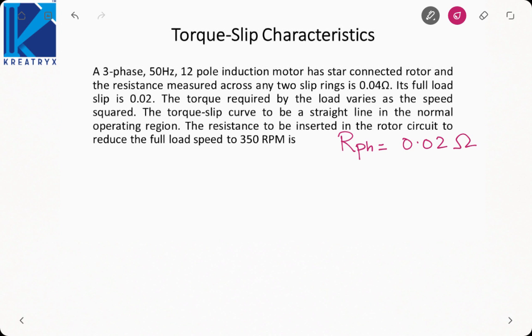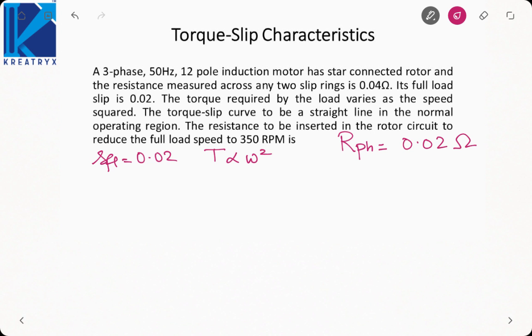So per phase resistance would be 0.02 ohm. Next it is saying its full load slip is 0.02. The torque required by the load varies as the speed squared. The torque slip curve is assumed to be a straight line in the normal operating region.